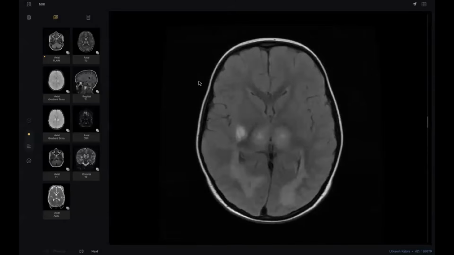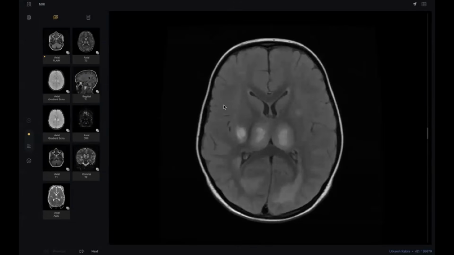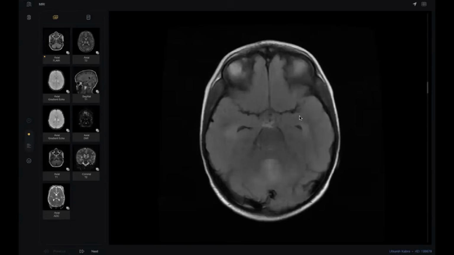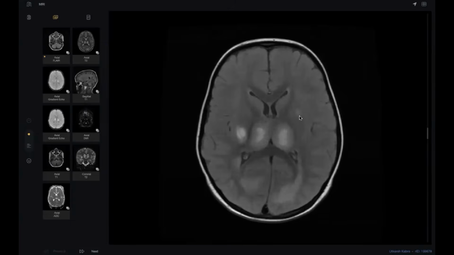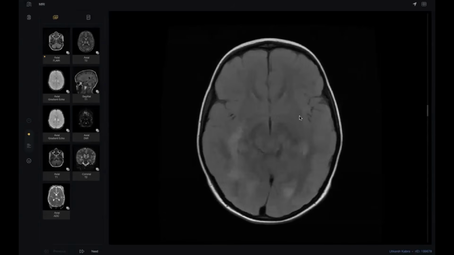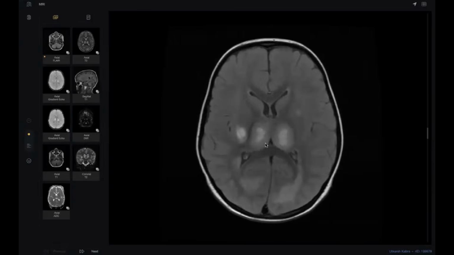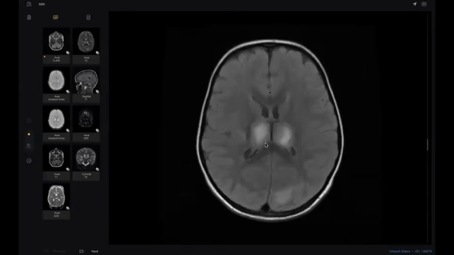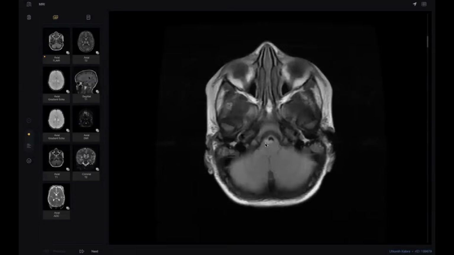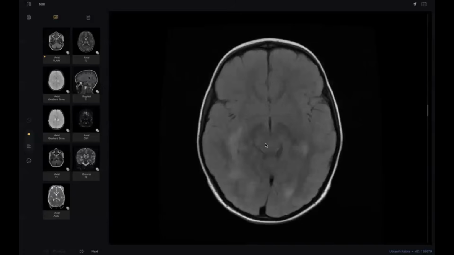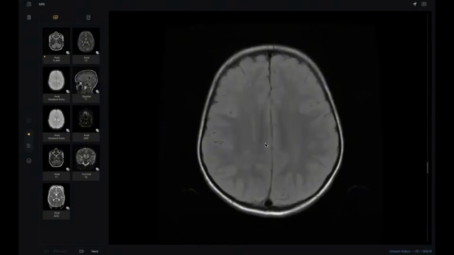Look here. The sagittal sinus and all of them are signal void. Clear. So we rule out inferior sagittal sinus or internal cerebral vein thrombosis. What else? Multifocal hemorrhagic signal abnormality in a child, what comes to your mind?